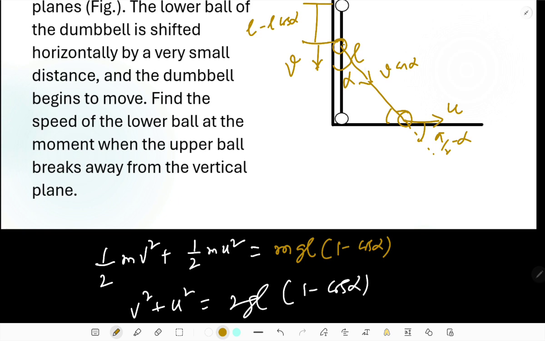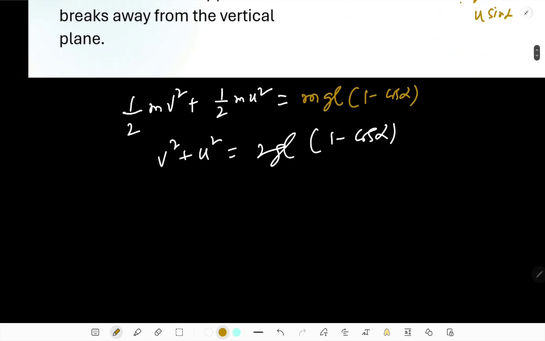In this direction, it is u cos(90 minus alpha), that is u sin alpha. So from the rigidity of the rod, and the rod joining both balls is of negligible mass, I forgot to mention, I can write another equation. This was my equation number 1, and I just got a second equation, that is v cos alpha equals u sin alpha.